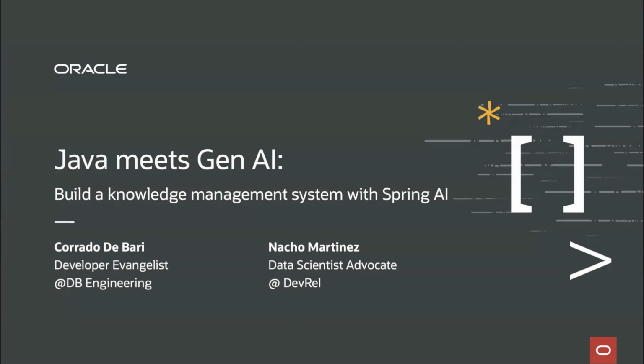Today, I'm going to talk about how you can embrace a generative AI project with Java, focusing mainly on Spring AI as a framework to use and build all the steps and components, and exploiting the new Oracle Database 23 AI that has vector store capabilities. We will see that as a Java developer, you have now all you need to implement a project based on generative AI.